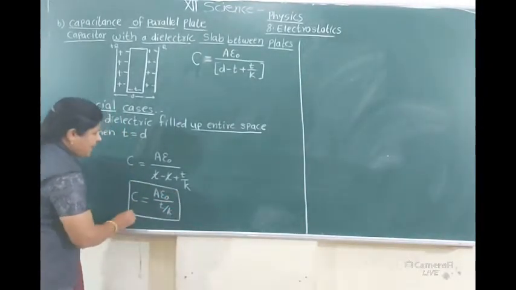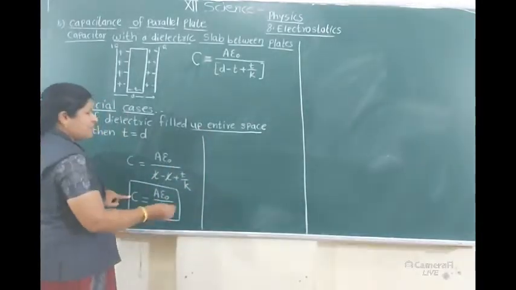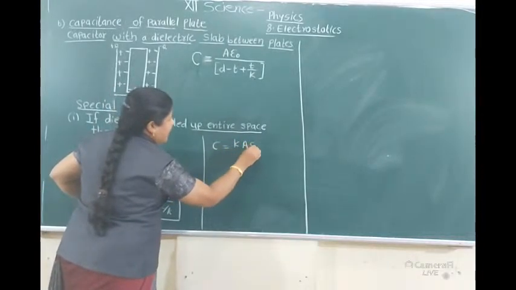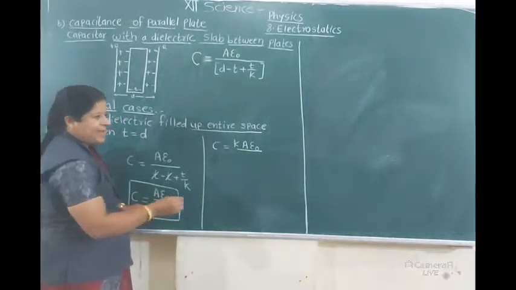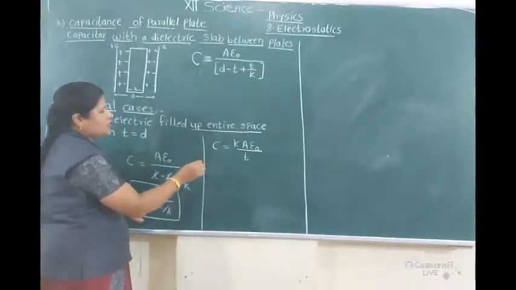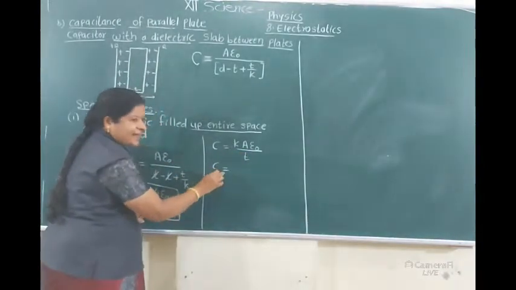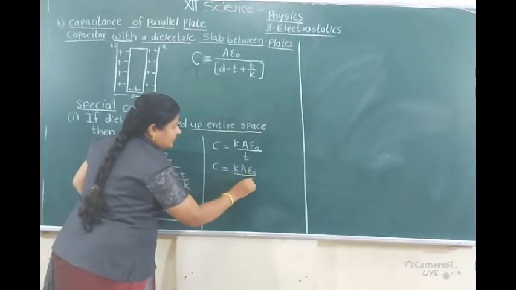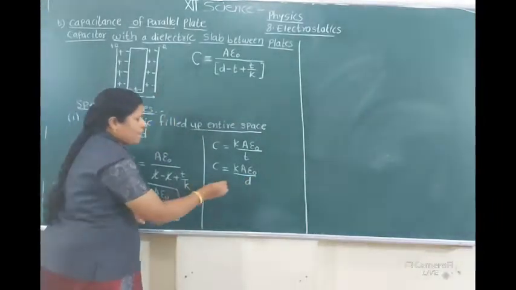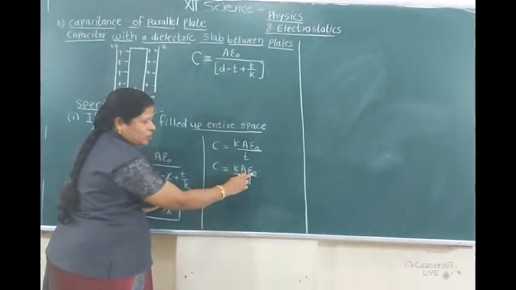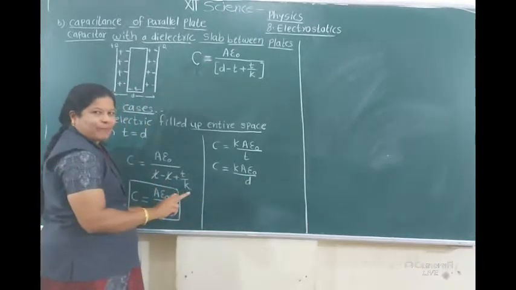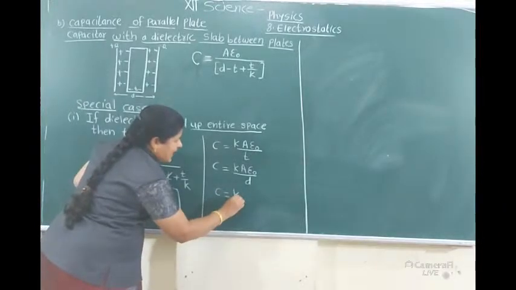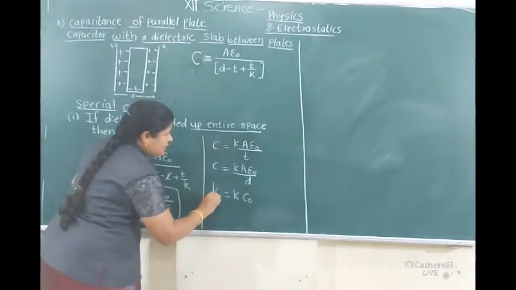which is equal to, we get one formula and rearrange the terms. C is equal to K A epsilon naught divided by T. Now T is equal to D, therefore we get C is equal to K A epsilon naught divided by D. We know that A epsilon naught divided by D is the capacitance C naught. So we get C is equal to K into C naught.